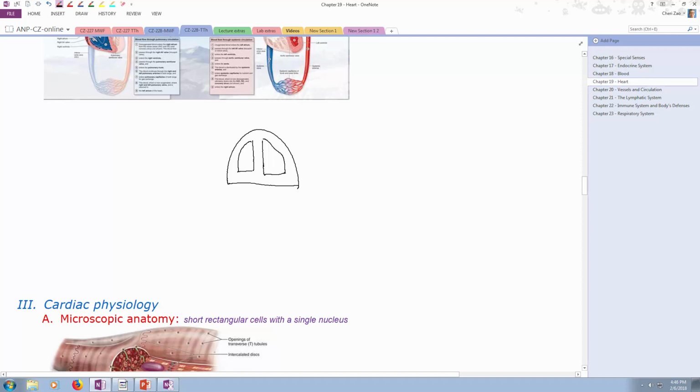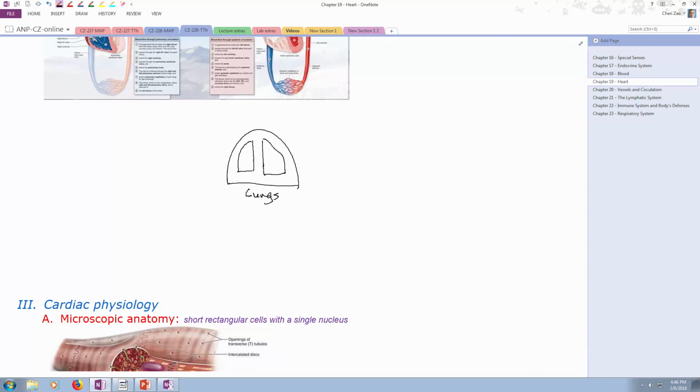Remember, you don't have to be an artist to be an A&P. You just have to make your drawings look like somebody can recognize them. So here are the lungs. So we have two sides to our lungs.